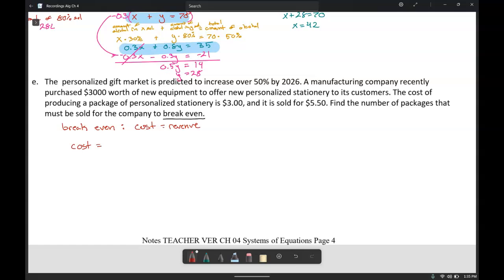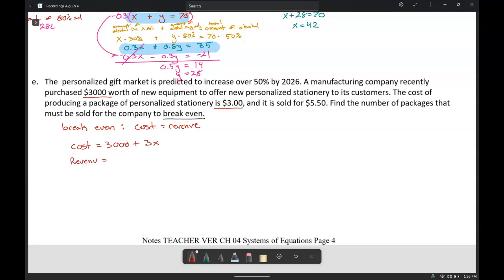And so when we look at this problem here, we see that the company purchased $3,000 of new equipment, so that's a cost to them. And then as they manufacture these items, it costs them $3 per item. And so the total cost for them to manufacture these goods is $3,000 plus 3 times however many items they make.